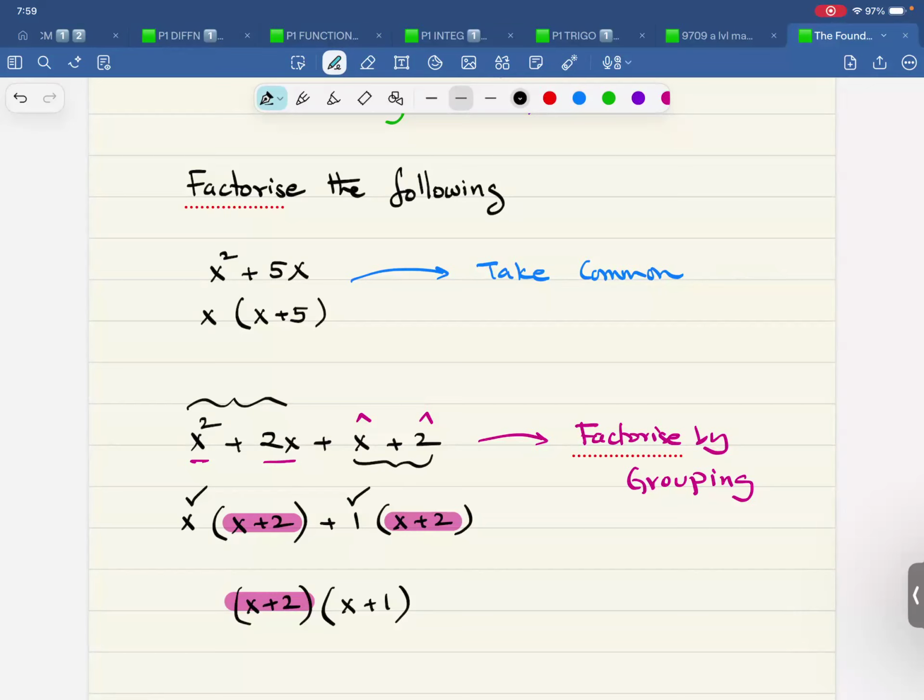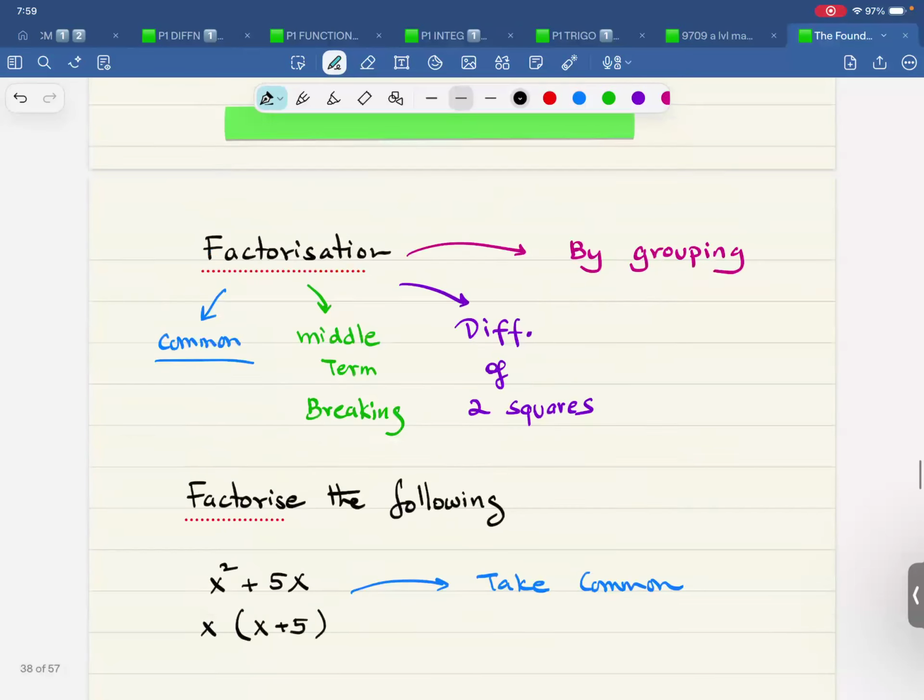Now, sir, will you try to explain differentiation and difference of two squares later on? Yes, yes, it will be coming up. Okay. So now, people, I like the interest, mashallah, with which you people are taking part in it. So I talked about factorization by grouping. This thing is done. Common, this thing is done.